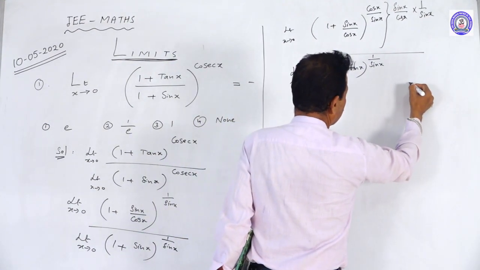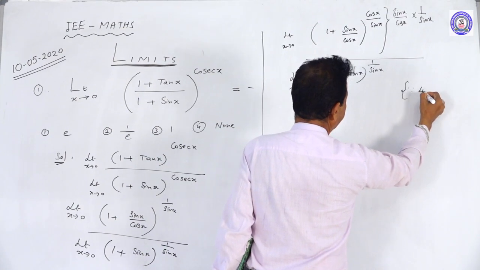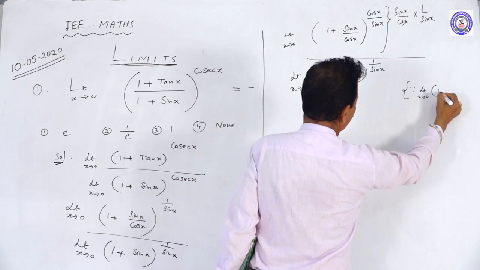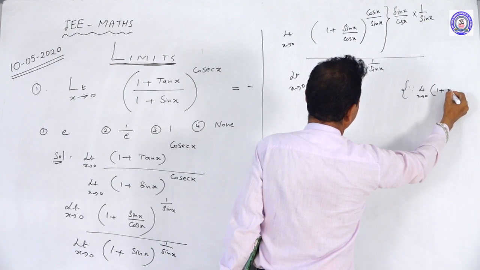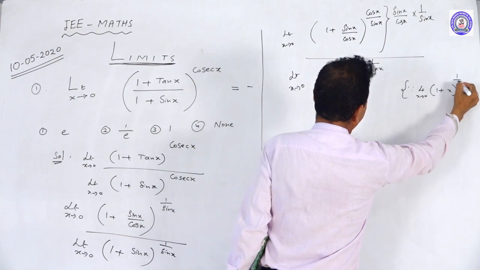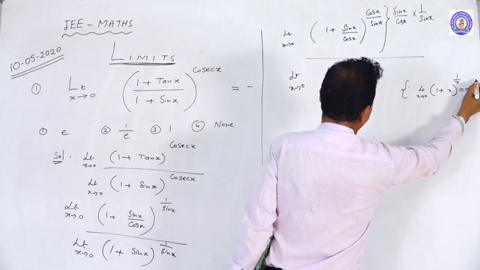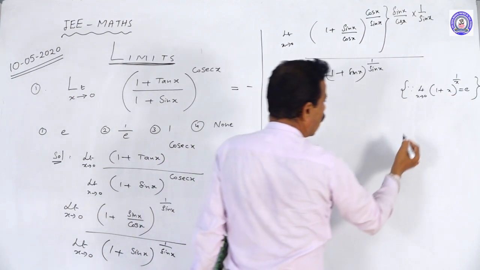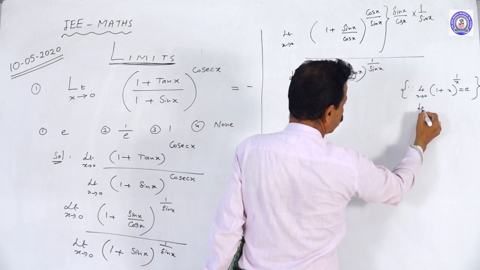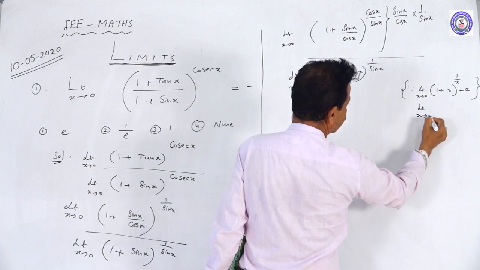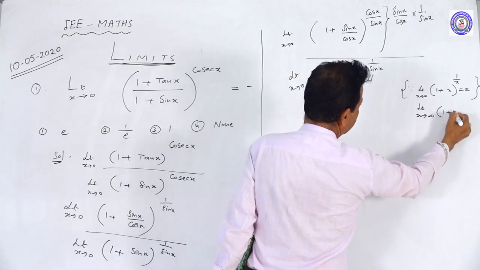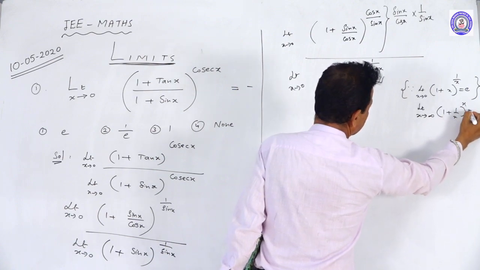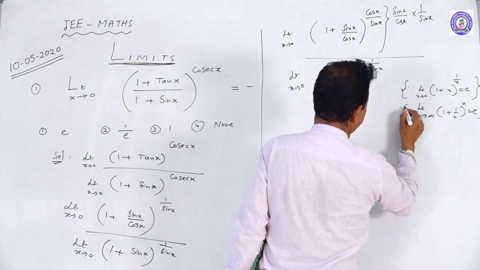Here one formula: limit x tends to 0, (1 plus x) power 1 by x, is equal to e. This is the useful formula. Another formula also there, no confusion here: limit x tends to infinity, (1 plus 1 by x) power x is also e.